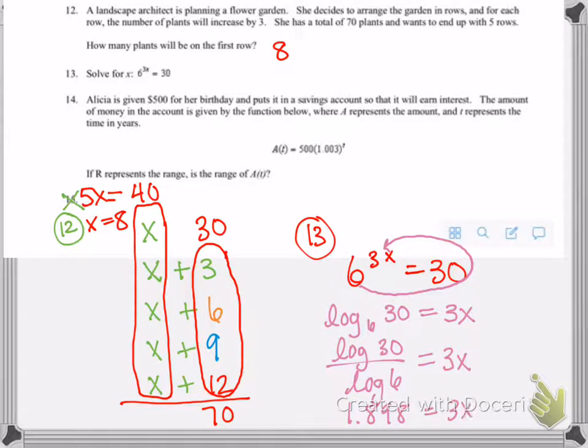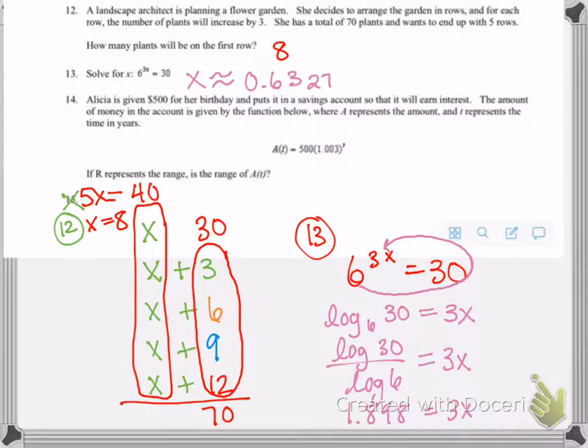So now I just have to divide that by 3. And so I get 0.6327. So for number 13, x is approximately 0.6327.